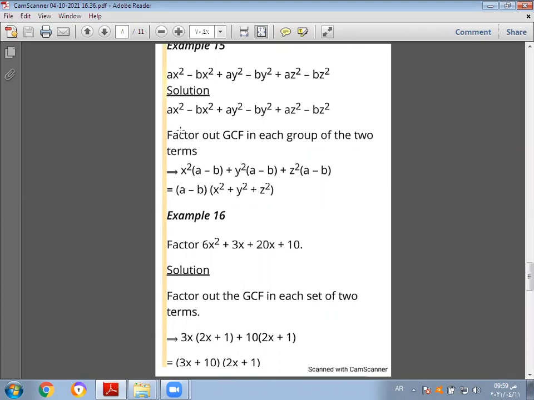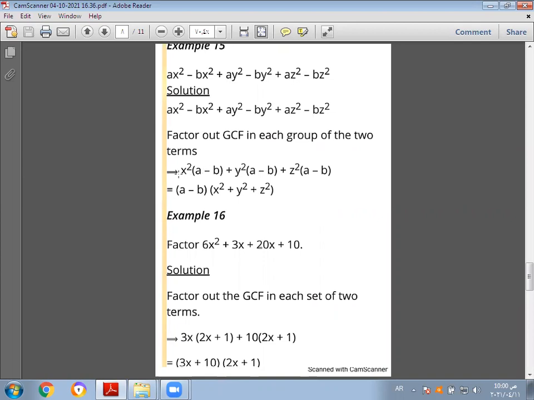From the first and second, we take x power 2 as HCF, and we find the remainder a minus b. From the third and fourth, we take y power 2 as HCF, and we find the remainder a minus b. From the fifth and sixth, we take z power 2 as HCF, and we find the remainder will be a minus b.